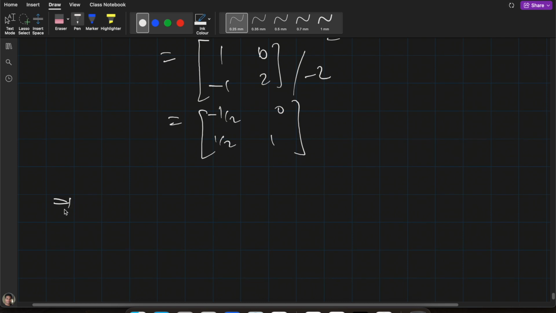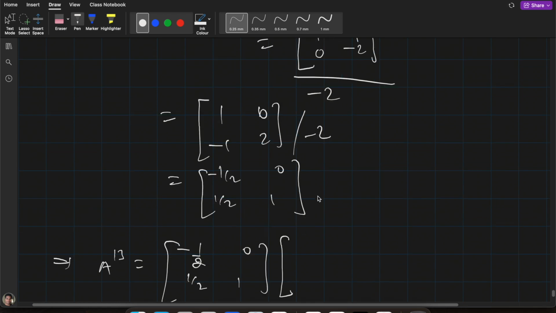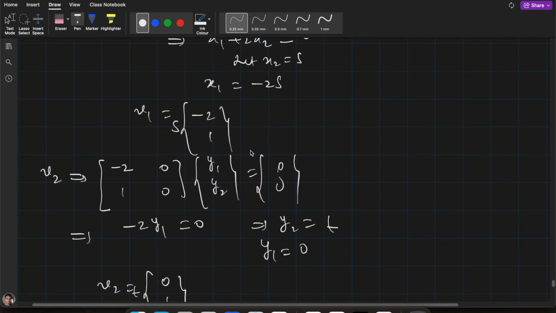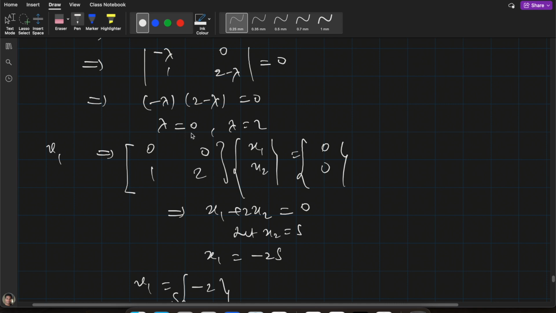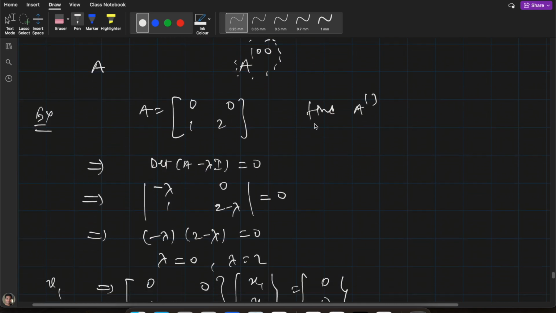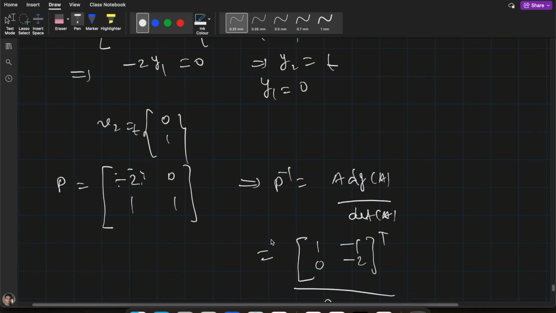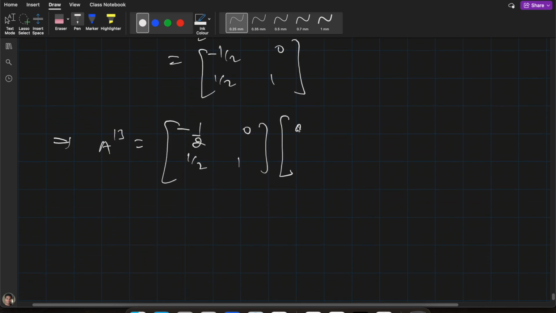Now you can find A raised to the power 13. How? P inverse is [minus 1 by 2, 1 by 2; 0, 1]. And what is the diagonal matrix? Whatever eigenvalues you get, just take that power. So 0 raised to the power 13, 0, 0, 2 raised to the power 13.